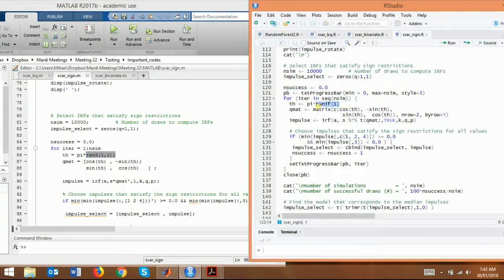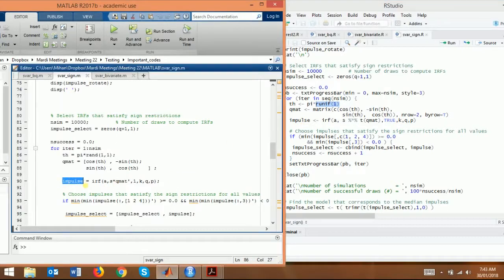So you are randomly creating runif, 1 row, 1 column. That's the matrix. Impulse will now call S and multiply this Q mat with it.